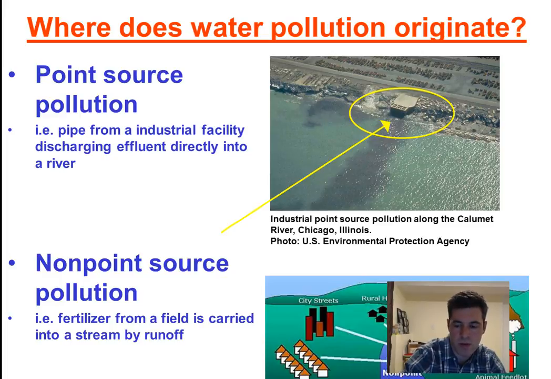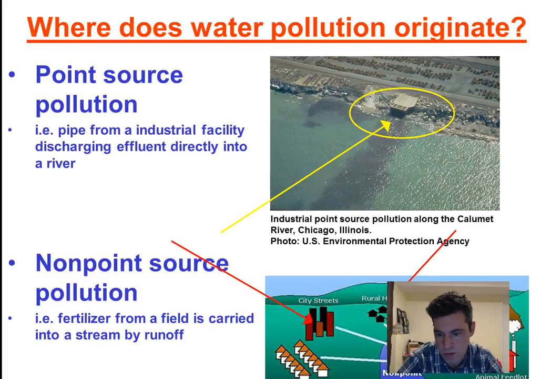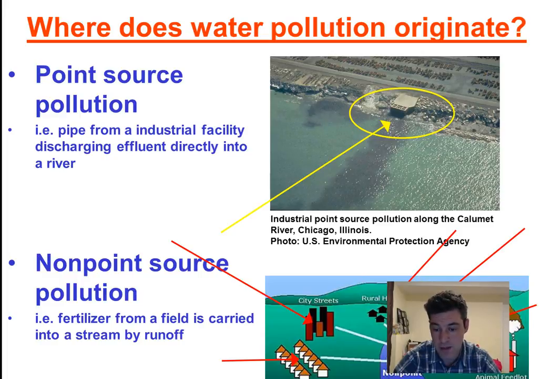So non-point source is from random locations, such as from city streets, or from rural homes, or from forestry, or from suburban development, or from cropland, and it's really difficult to determine exactly where all this is coming from. So this is difficult to regulate, and it's a major problem. It adds to cultural eutrophication, especially with cropland and from animal feedlots. So it's very difficult to manage.